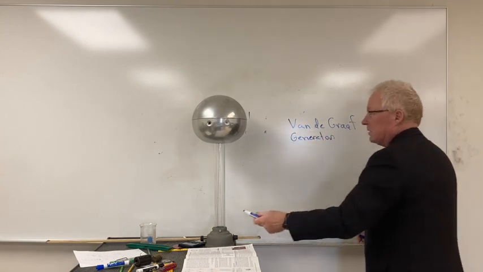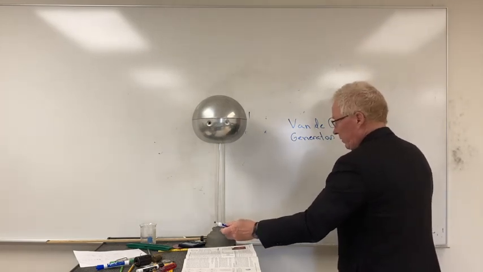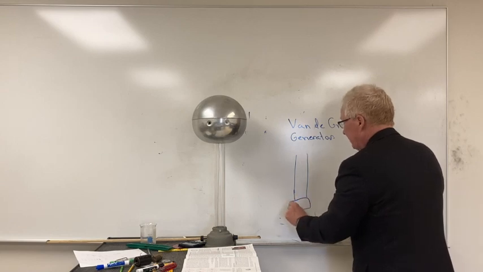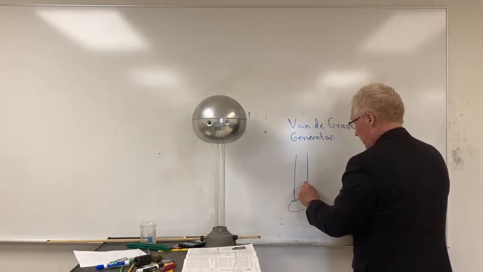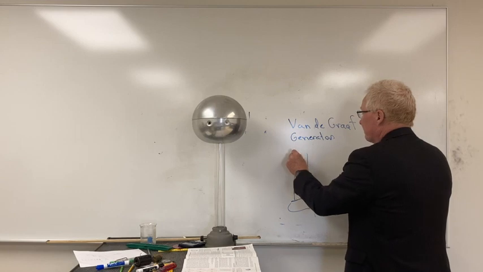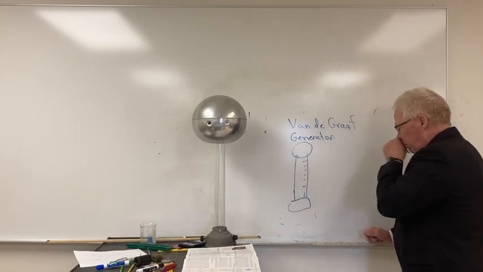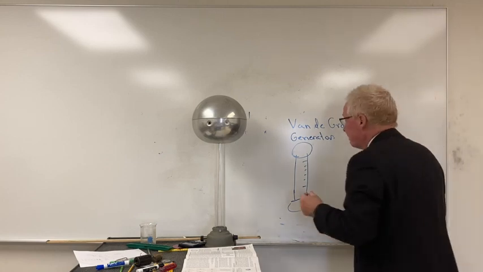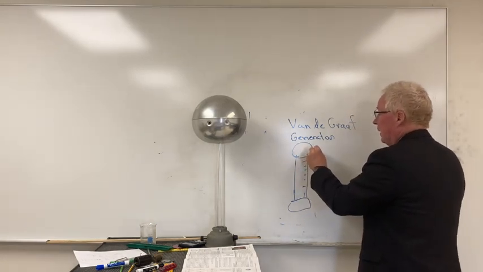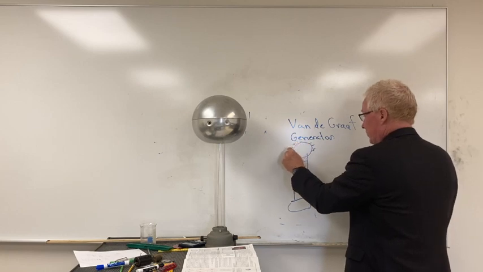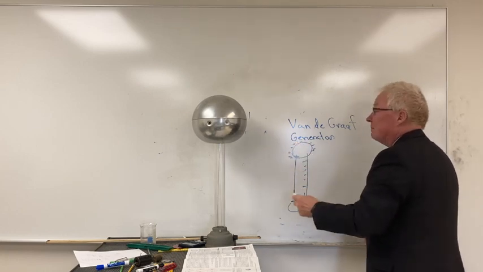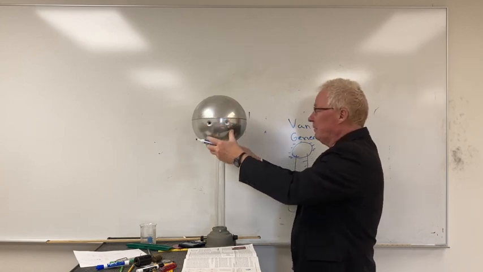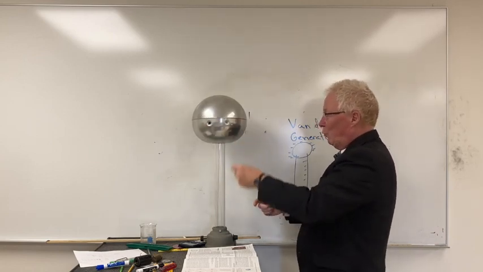What we have here is a motor at the bottom that uses electricity to bring electrons up to here, and these electrons will collect up here as this belt moves up and down.